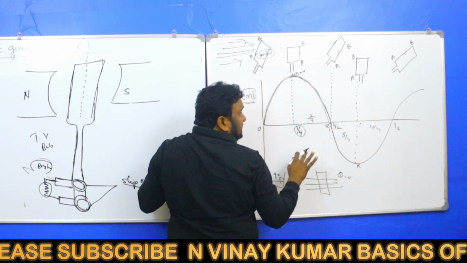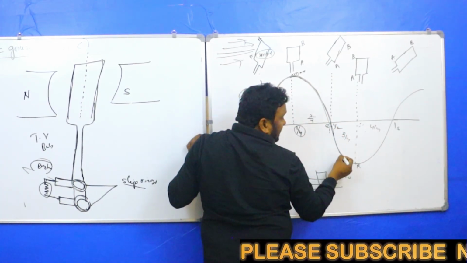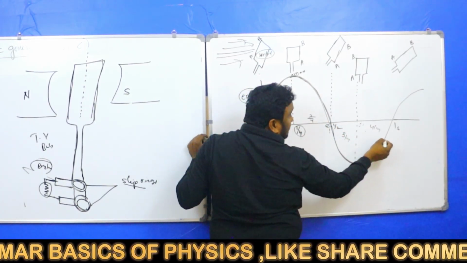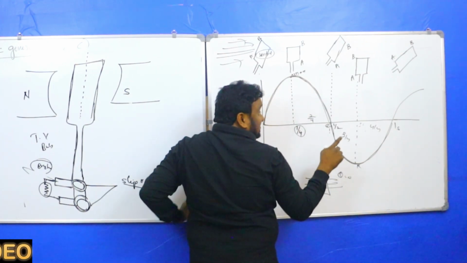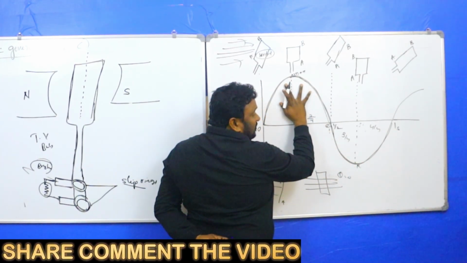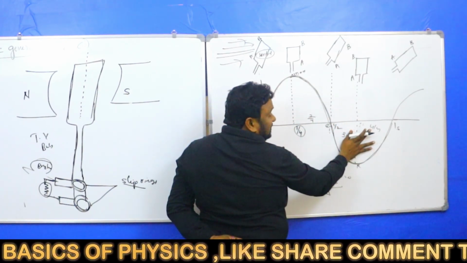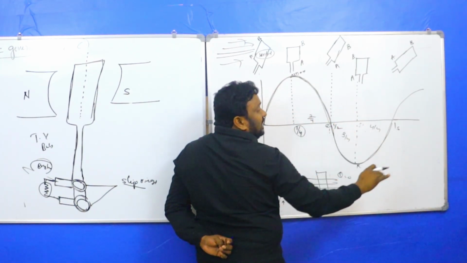Clear? After that, again you can observe the same process going on, but in this case the direction of current changes. This is the positive half cycle. For the positive half cycle the current is in one direction, and for this one the current is going to be in another direction.